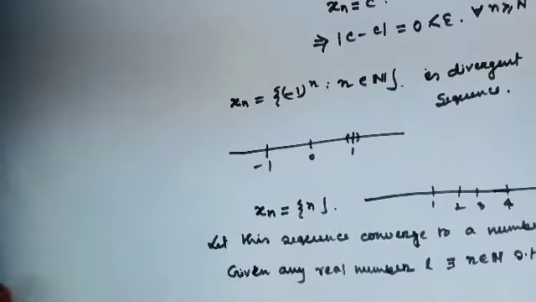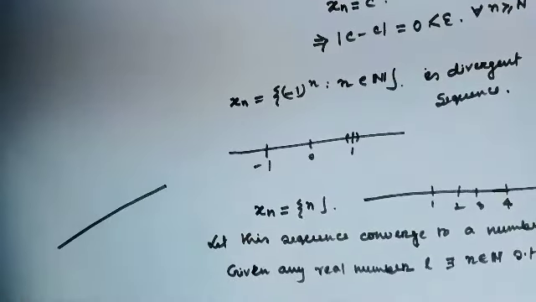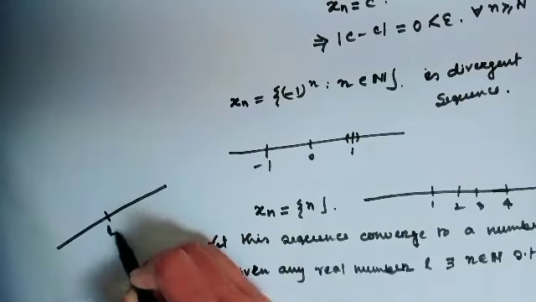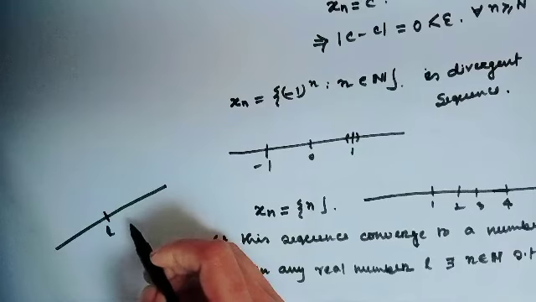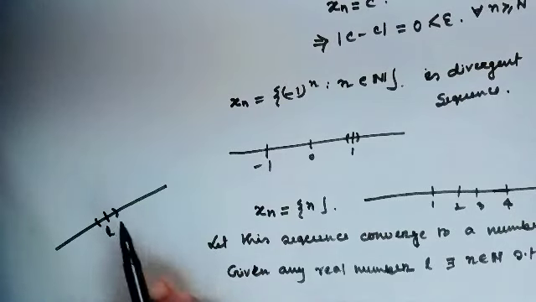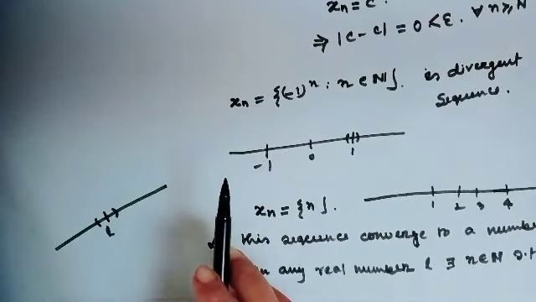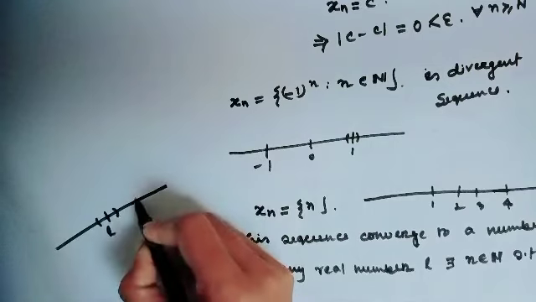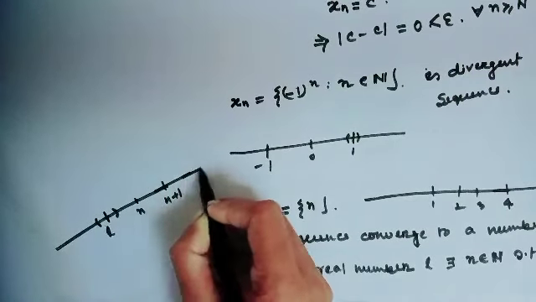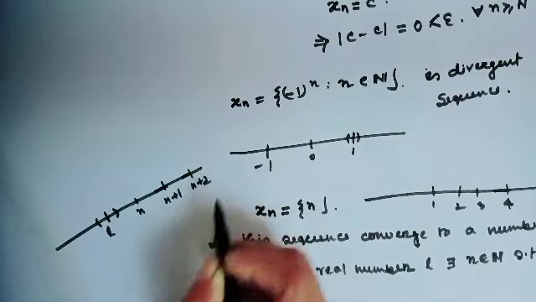If we see the picture, let this be L. If I choose an interval around L, then all terms of the sequence outside it are n, n plus 1, n plus 2.